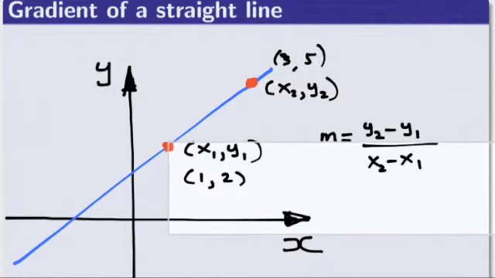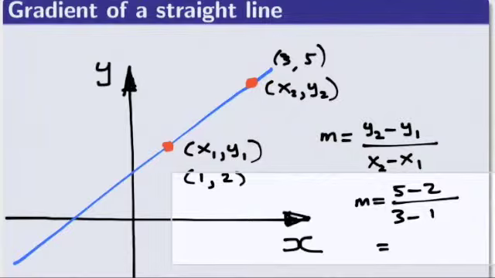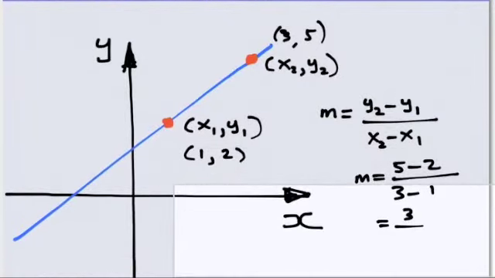So obviously the gradient can be computed by taking the difference in y values, y2 minus y1, over x2 minus x1 to give us an answer of 3 on 2.